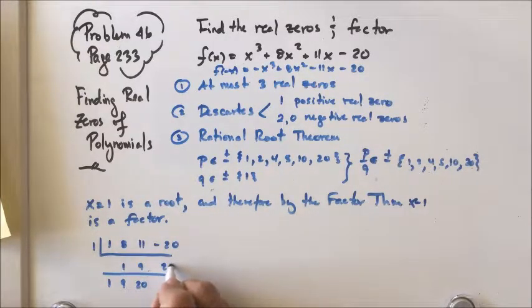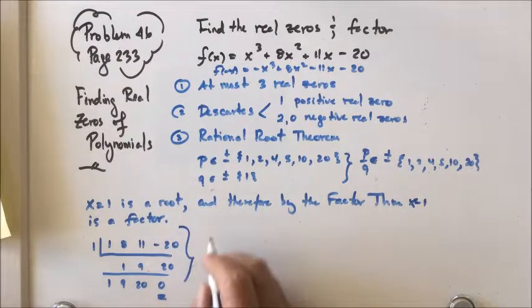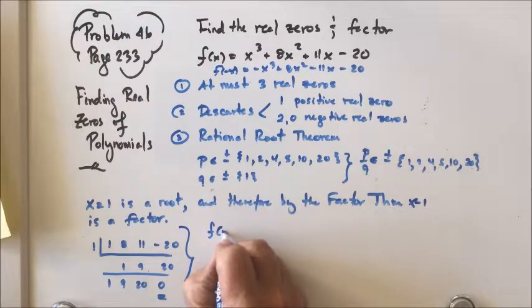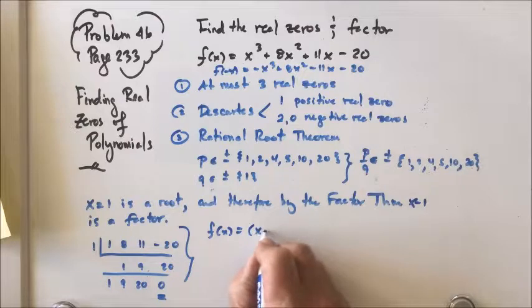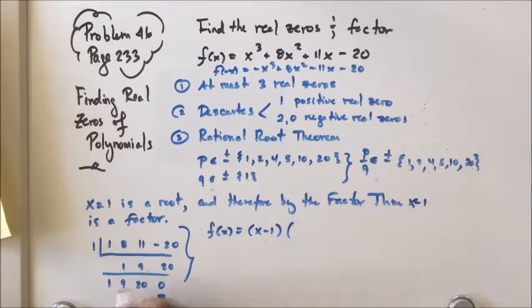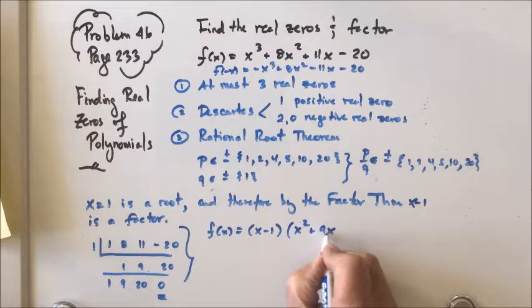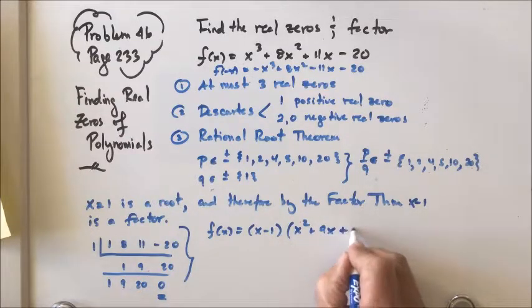Multiply by 1, put it there, I get 0. And as expected, the remainder is 0. And what this says then is that f of x, this third order polynomial, can be rewritten as x minus 1 times x squared plus 9x plus 20.